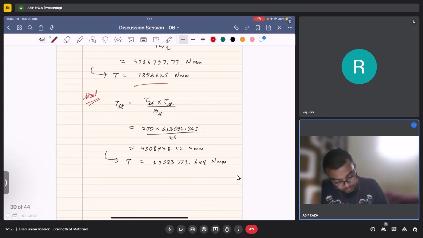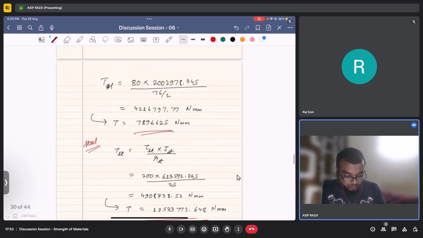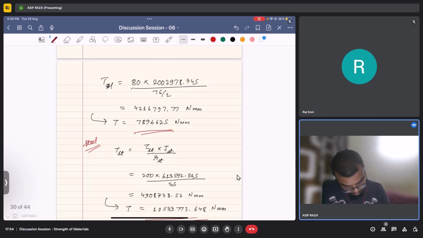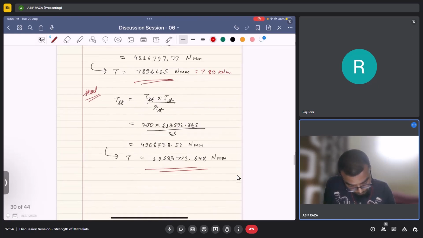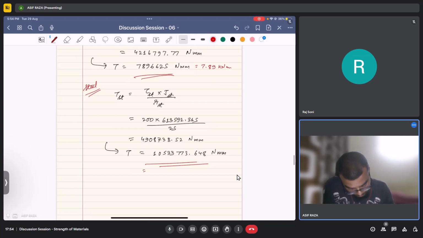Comparing these two, in kilonewton meter, the maximum design capacity for the aluminum is around 7.89 kilonewton meter, and for steel around 10.53 kilonewton meter.